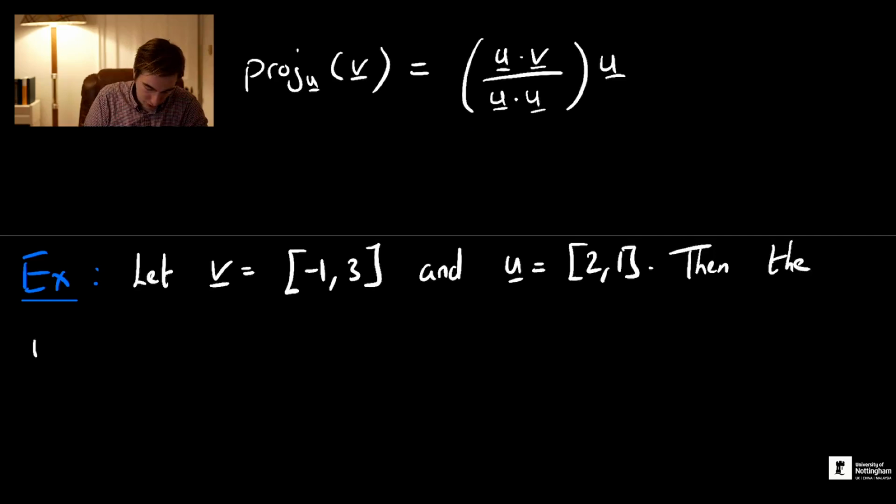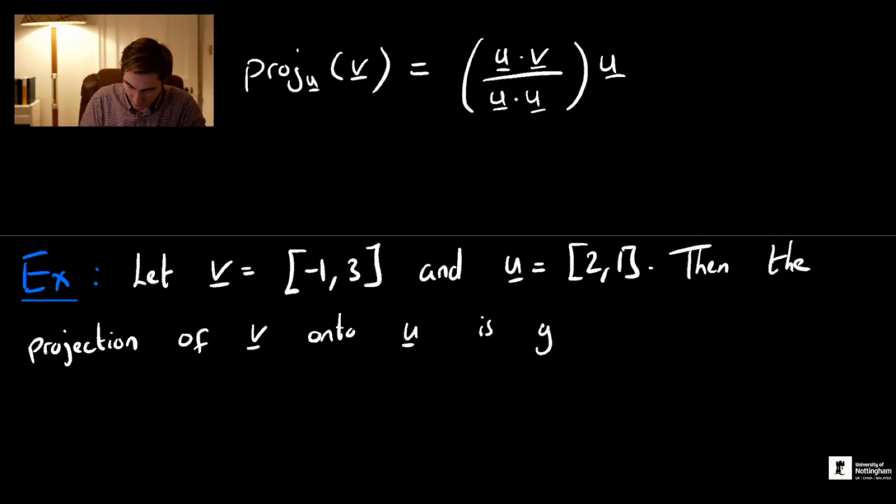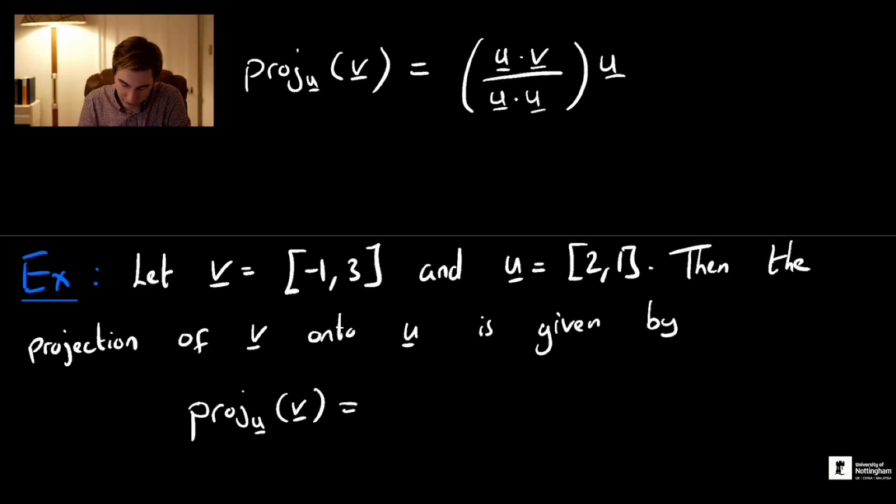Then the projection of v onto u is given by our formula above. We want to write u dot v. So what's the dot product of u and v?